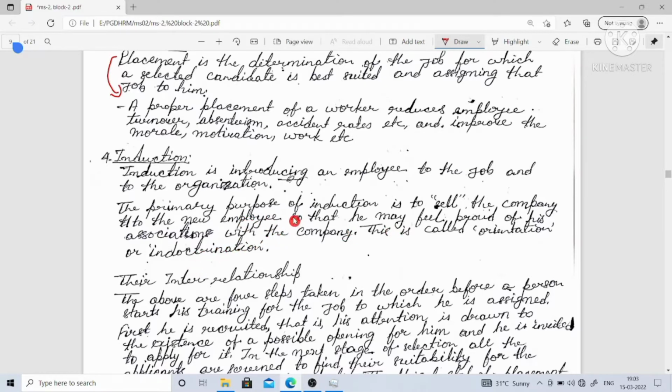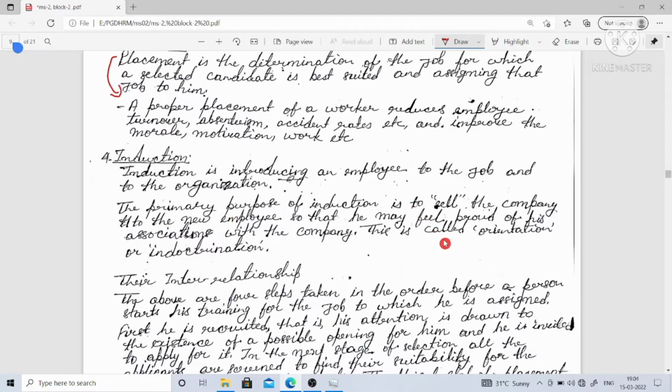Here, if the employee knows more, or you can say understands better, about the company, then he will be proud of his association with the company. So that's why in the induction process, employees are introduced to the organization, or you can say the organization is introduced to employees.